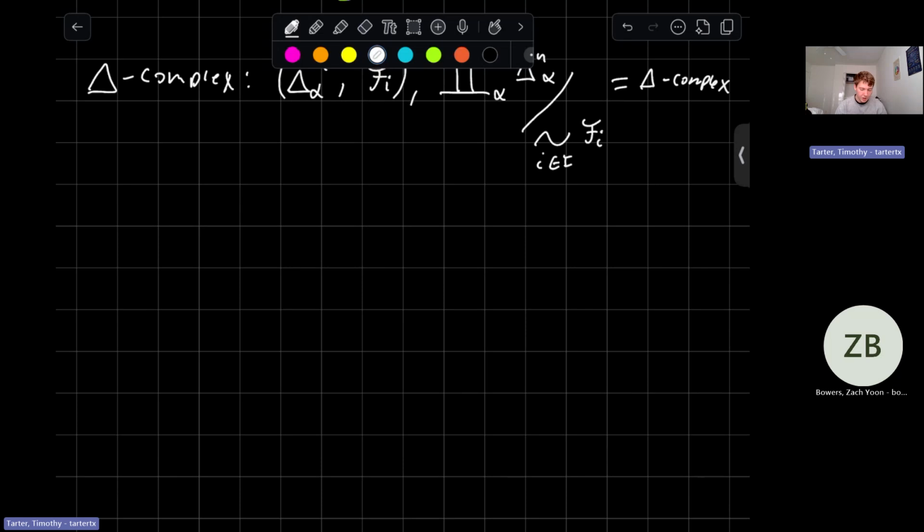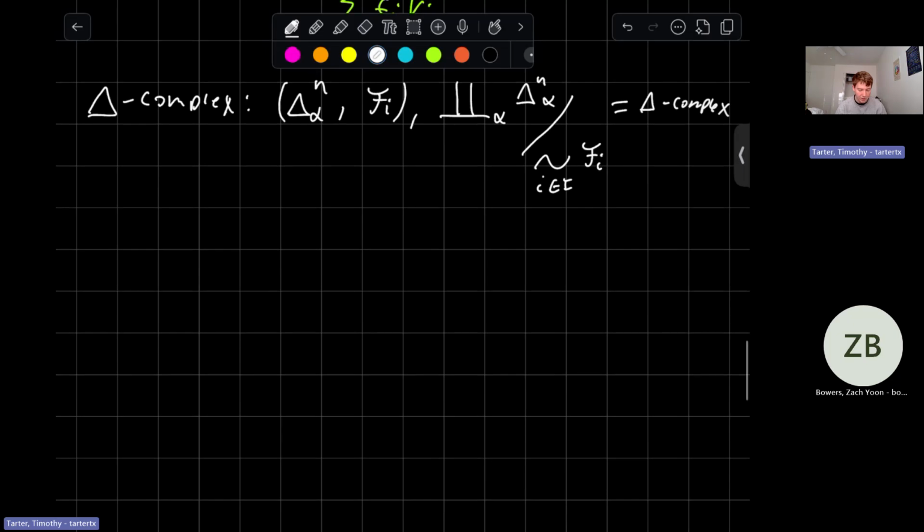Since the face identifications that produce a delta complex always preserve the ordering of the vertices, these identifications never result in two distinct points in the interior of a face being identified in X. That means that the delta complex X as a set is the disjoint union of a collection of open simplexes, simplexes with all their proper faces deleted.